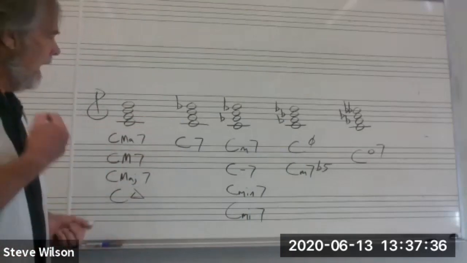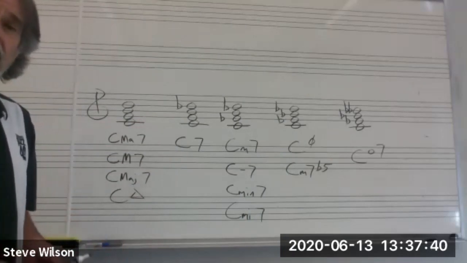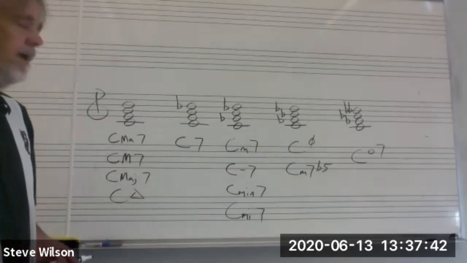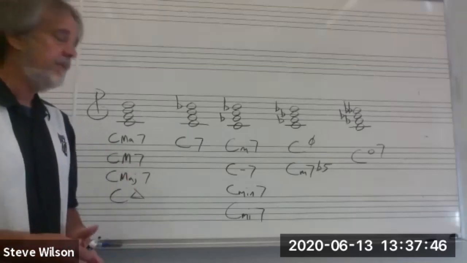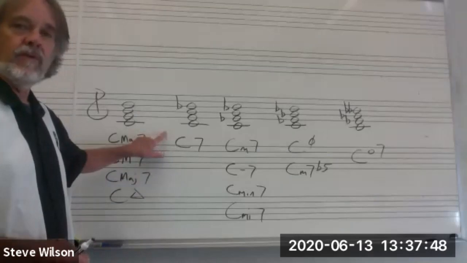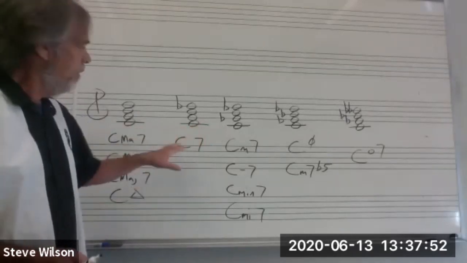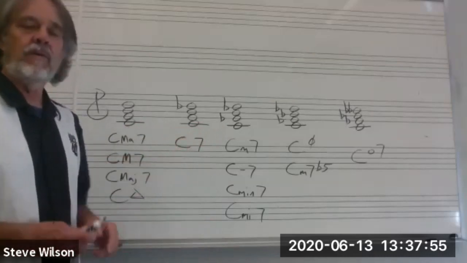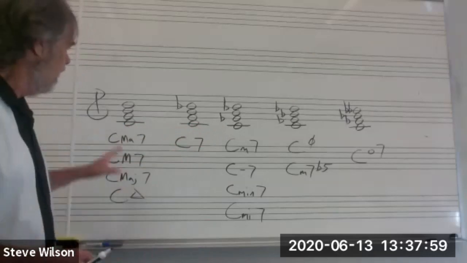So why is that? Part of the reason is that in some ways it's probably the most common 7th. When people start writing simple music with triads and they start adding 7ths, this tends to be the first 7th that they add. But more importantly, this is the first 7th chord that people used in Western music hundreds and hundreds of years ago.